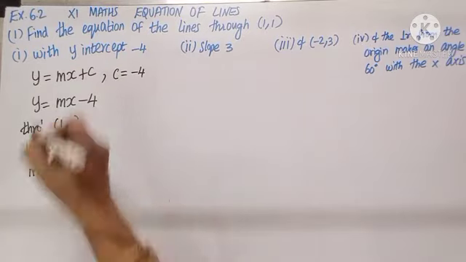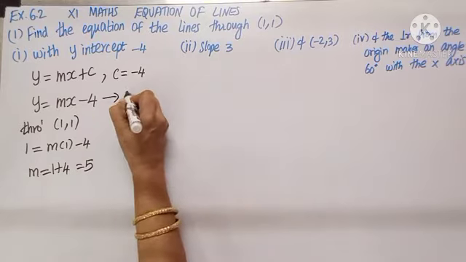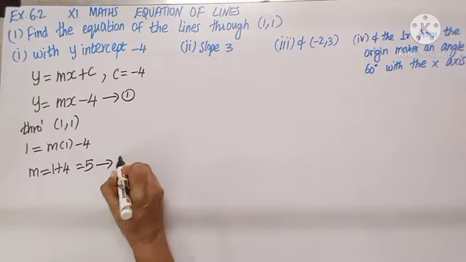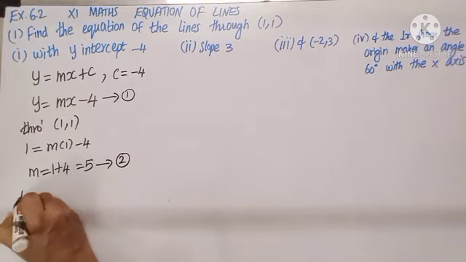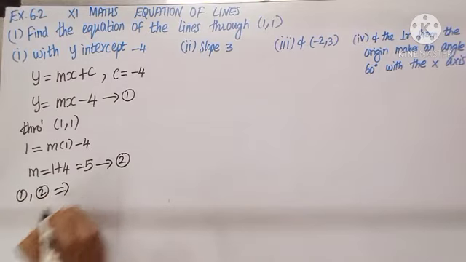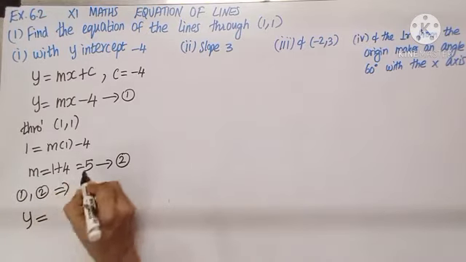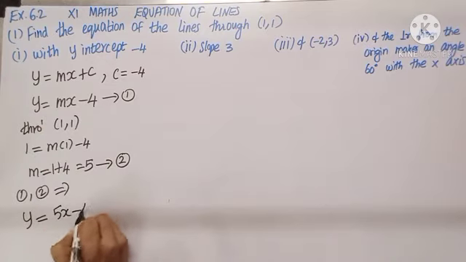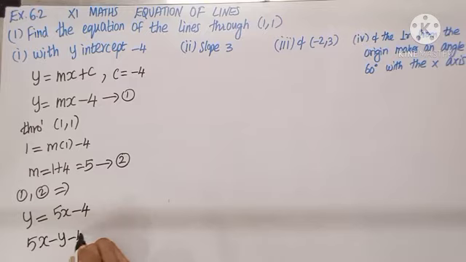Putting it back here, this is equation number 1, m value is number 2. So 1, 2 implies y equals 5x minus 4, or I can say 5x minus y minus 4 equals 0.